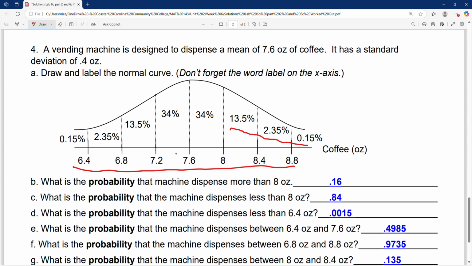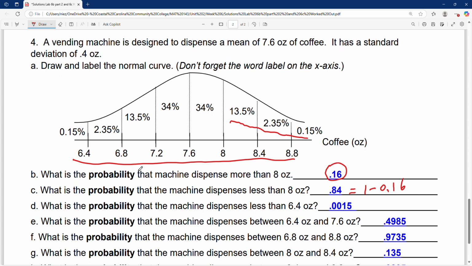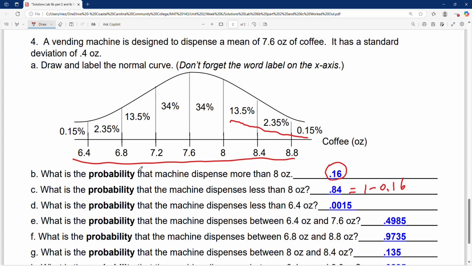More than 8 ounces is 0.16, and less than 8 ounces is 1 minus 0.16. Those two added together are 1.